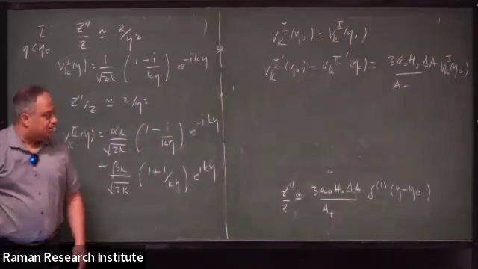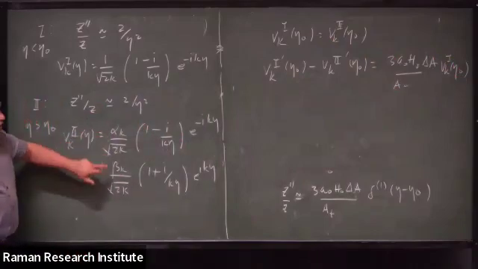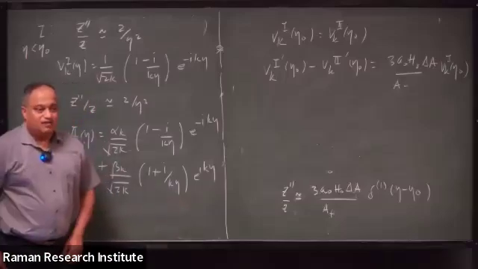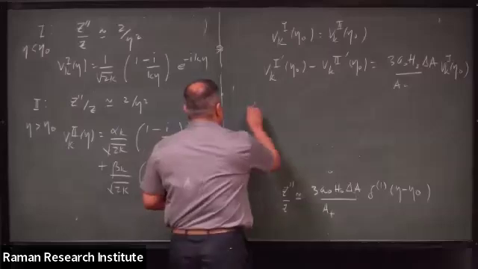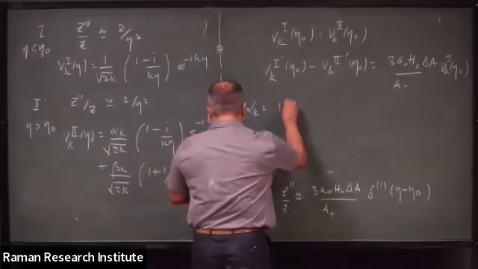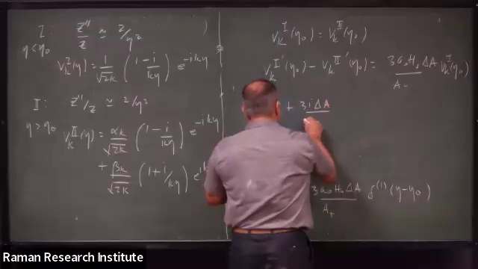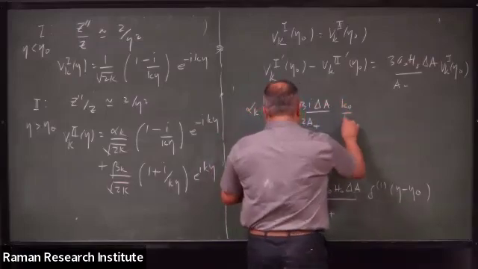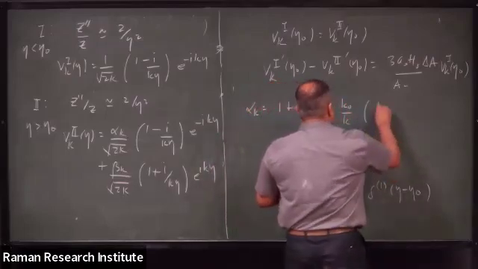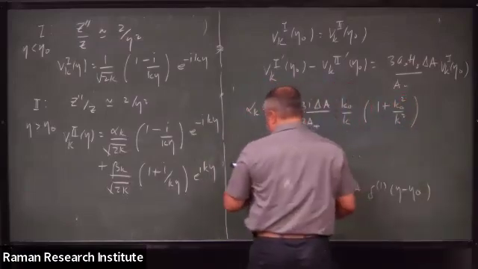That's all there is to it. What will it determine? It determines alpha k and beta k. I would urge you to determine this. Alpha k happens to be 1 plus 3i delta A by 2A plus k naught by k, times 1 plus k naught squared by k squared. I will explain what k naught is.